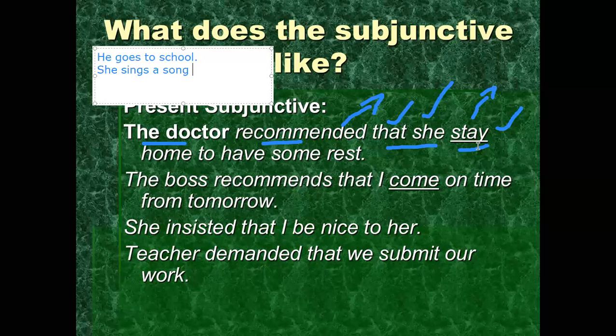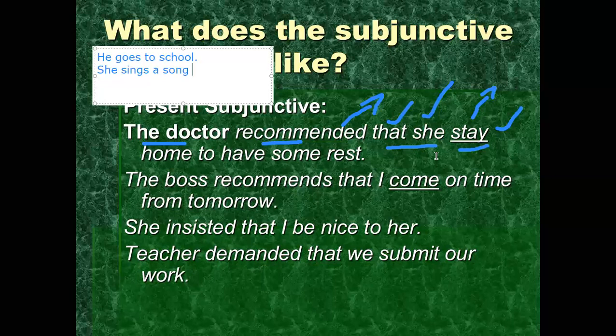That means we do not add s or es to it. So here the clause says she stay instead of she stays. So we don't use the normal rules of the subject verb agreement when we are writing a sentence in the subjunctive mood.